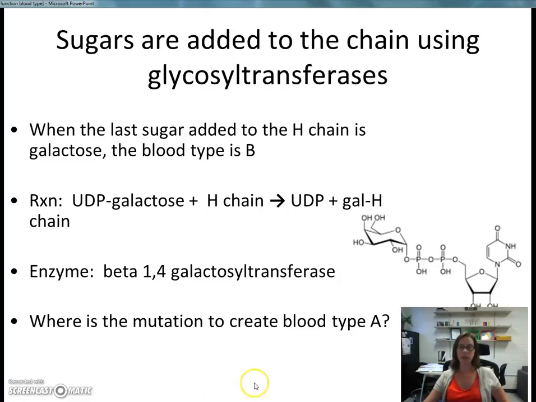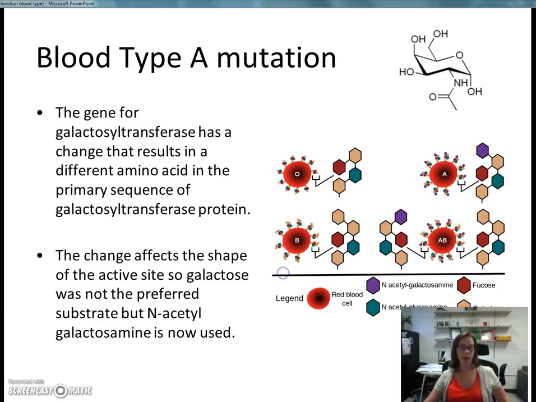Remember, proteins that have ligands are very specific. So when the last sugar added to the H chain is galactose, as I mentioned, that's a blood type B. This is a summary of the reaction, just for your information. And the enzyme is beta-1,4-galactosyltransferase.